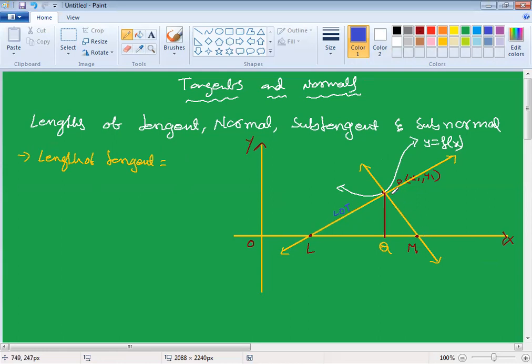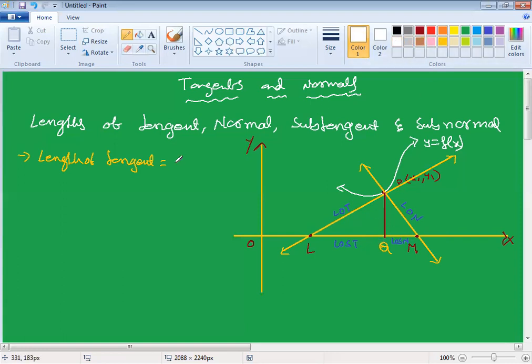This is the length of normal, from P to this M. And what about the length of subtangent? This is the length of subtangent, from this point to this point. And the length of subnormal is this one. So these are the four required lengths.